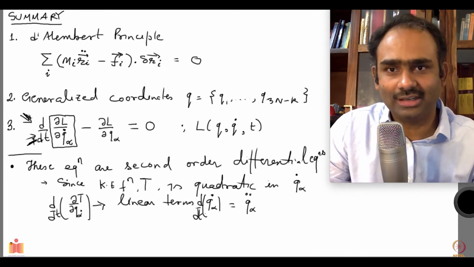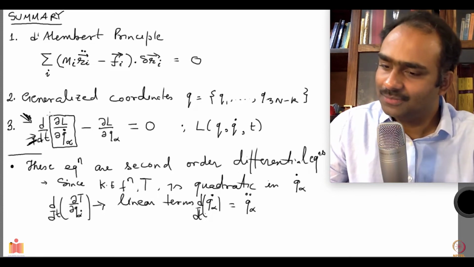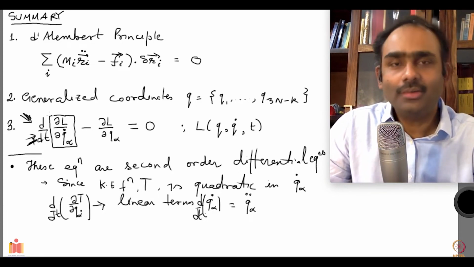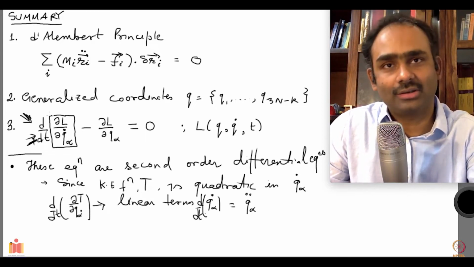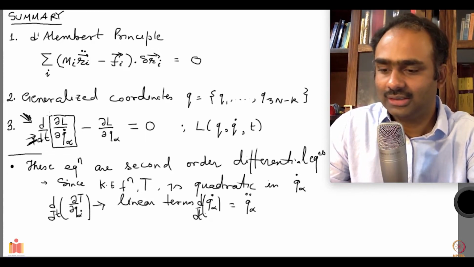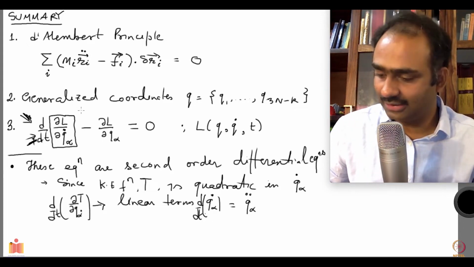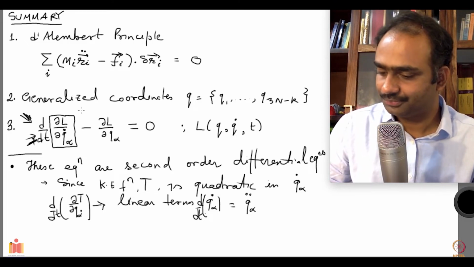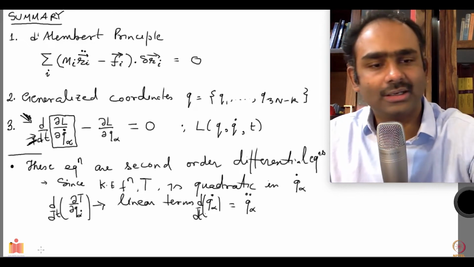Which means that the form of the Euler-Lagrange equations is independent of the choice of generalized coordinates that you make, which is quite clear from our procedure. We never appealed to any special property of the q's. And to be more precise, let me write it down, maybe on the next sheet.